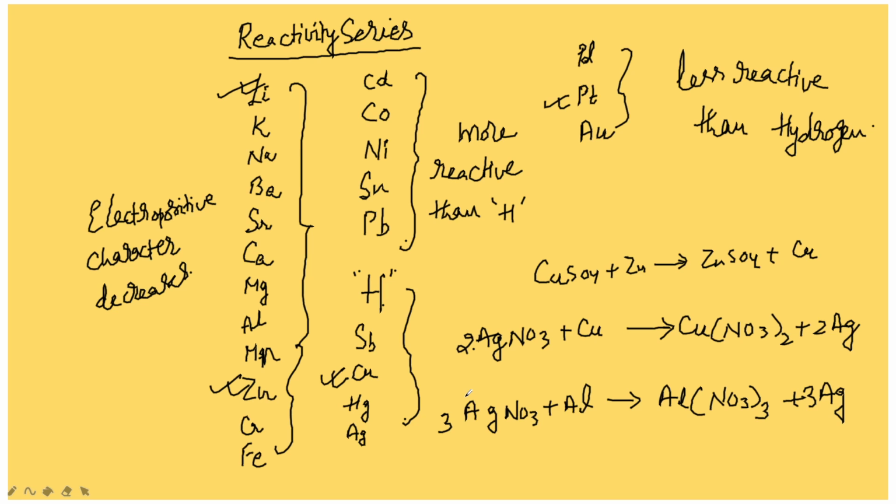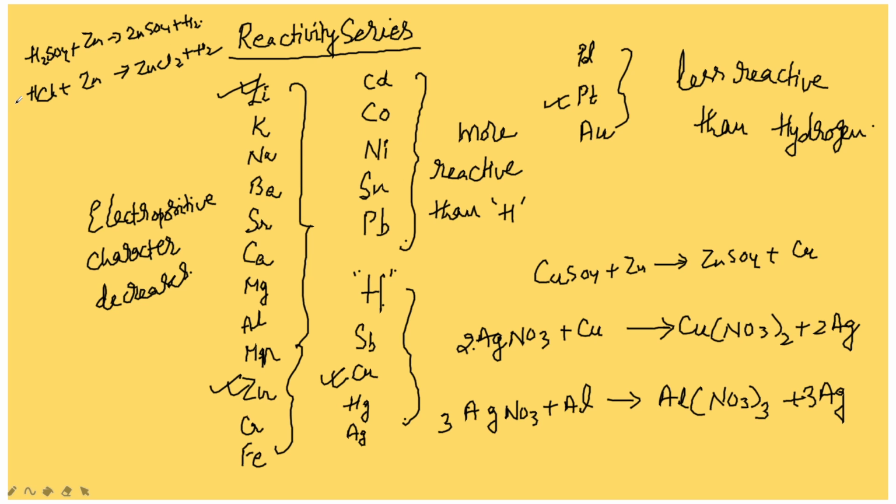But metals occurring below the hydrogen in the reactivity series cannot displace hydrogen from acids also. So if you see the acidic reactions, H2SO4 plus zinc, it will form ZnSO4 plus H2. It is possible to displace the hydrogen. Above the hydrogen, whatever the metals are there, can displace. Another example, HCl plus Zn gives rise to ZnCl2 plus H2.